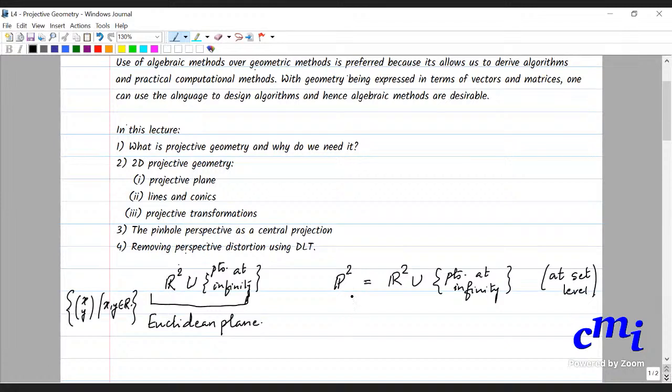What we will do here, and I will come to the motivation behind writing it like this, is write the points not as (x, y), but as (x, y, t), or (x, y, 1) if you like, where x and y are in R.